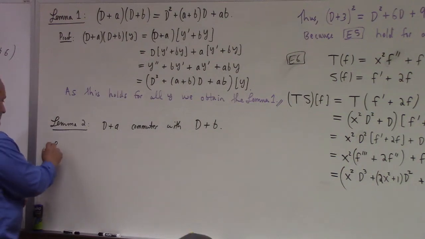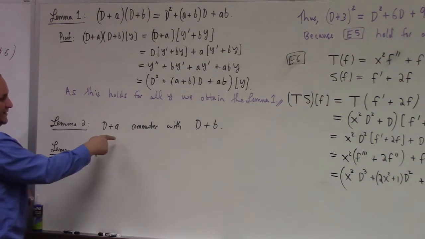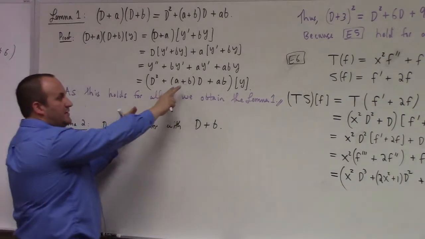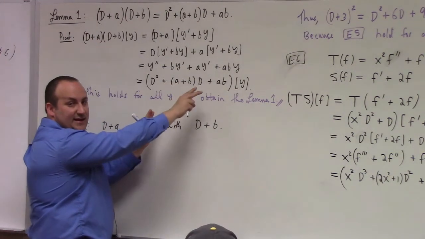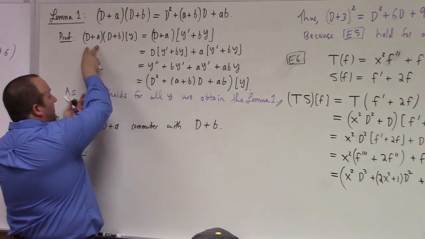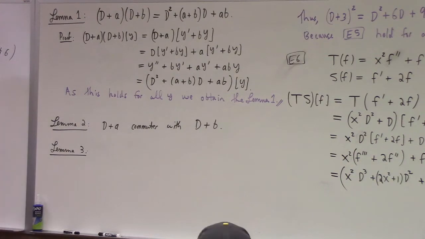Do I need to prove that? I think it's immediate from this formula, because you can switch the roles of a and b. a plus b is b plus a, and a times b is b times a. So I can flip-flop them, and I get D plus b and D plus a instead of D plus a and D plus b. So it should be clear that these commute. The order doesn't matter.